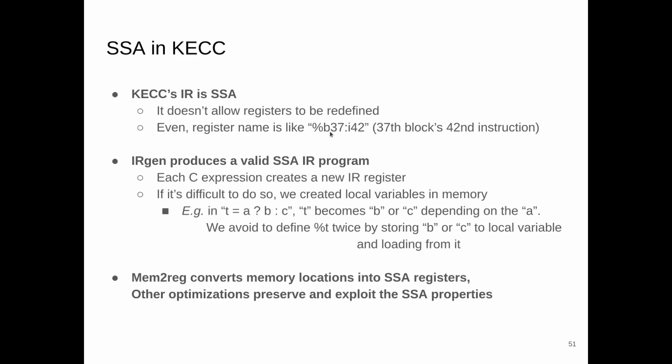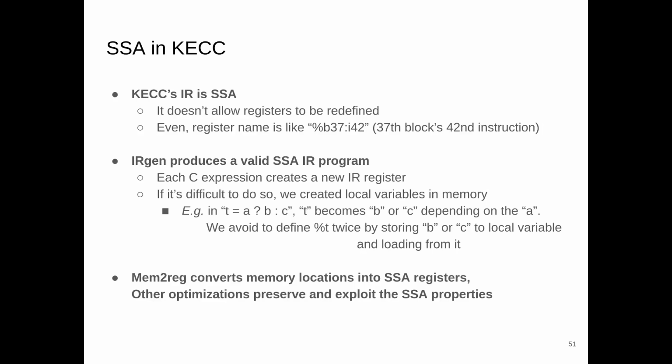So this is the block ID, and this is the instruction ID. These two numbers completely decide where this register is defined. As a result, we can statically make sure that this register is defined at most once.